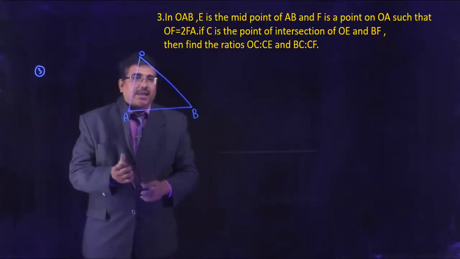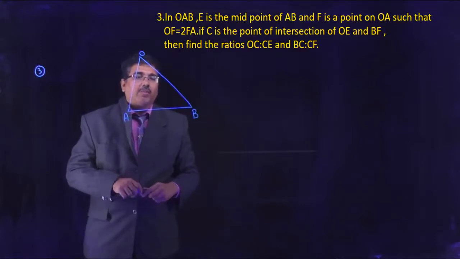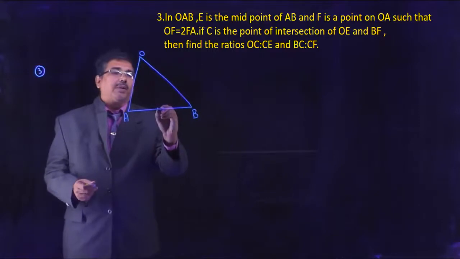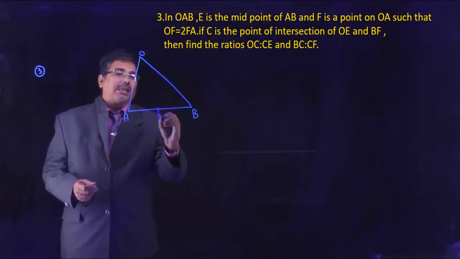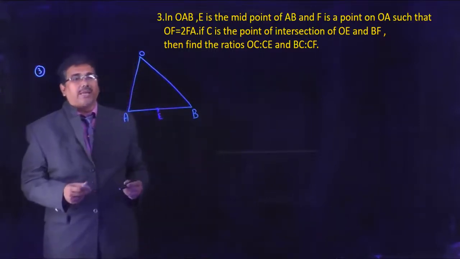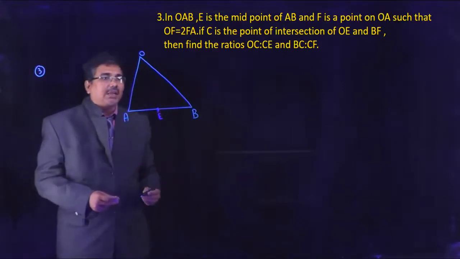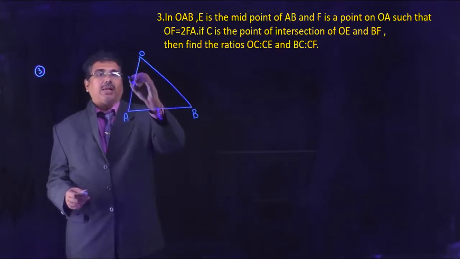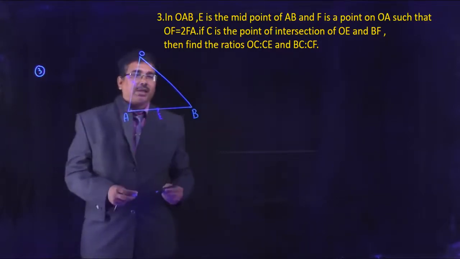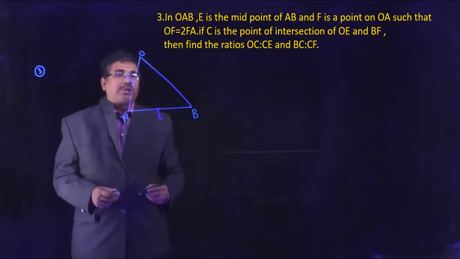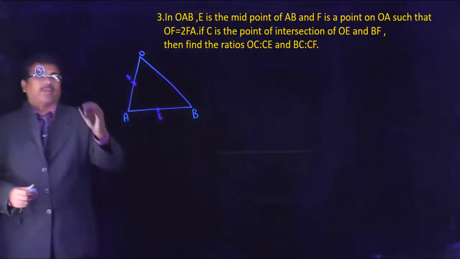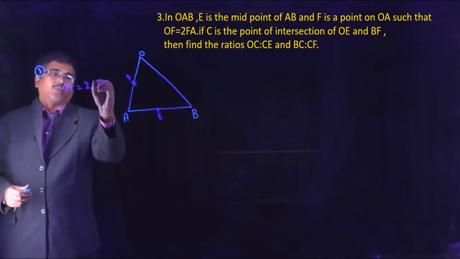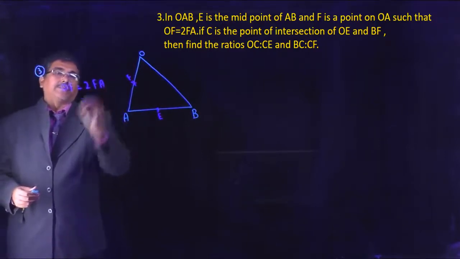Right. E is the midpoint of AB. And F is a point on OA such that OF is equal to 2 times FA.